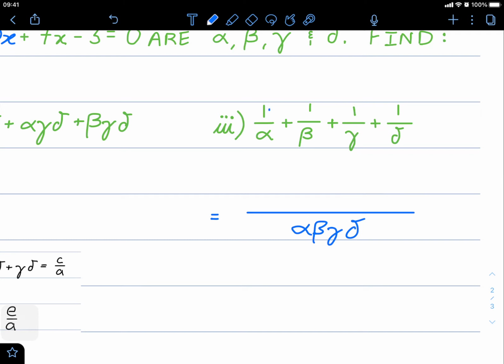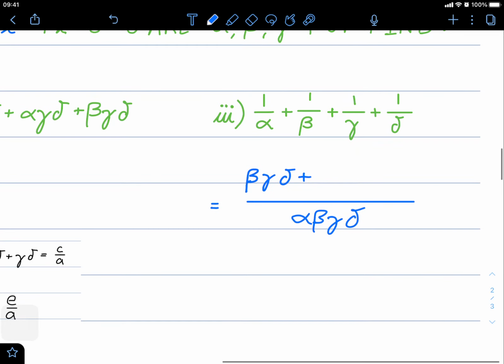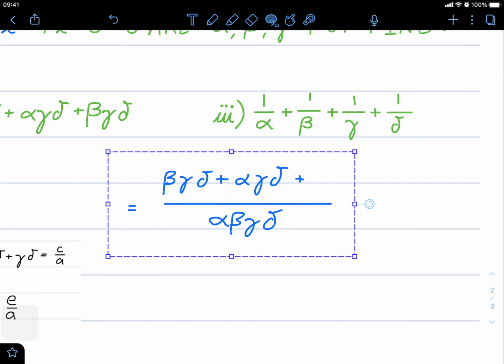So 1 times beta, gamma, delta will give us beta, gamma, delta. Plus, likewise for this, beta is missing the factors of alpha, gamma, delta. So this is going to be alpha, gamma, delta. And I think you're going to see where this is heading towards.